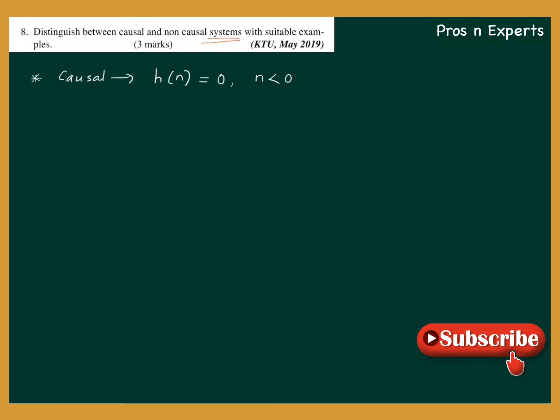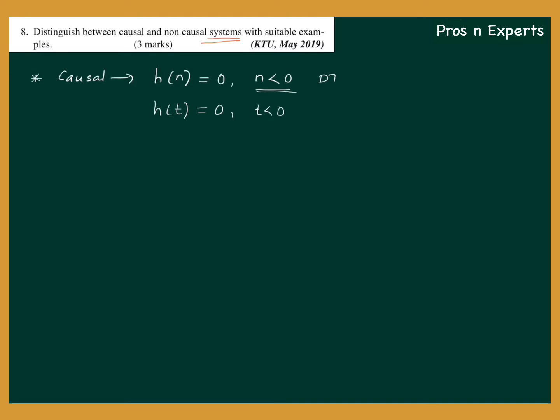So a causal system is a system whose impulse response is 0 for negative time. This is for the discrete time case. And in the case of continuous time systems, a causal system is a system whose impulse response h of t is 0 for all negative time values.